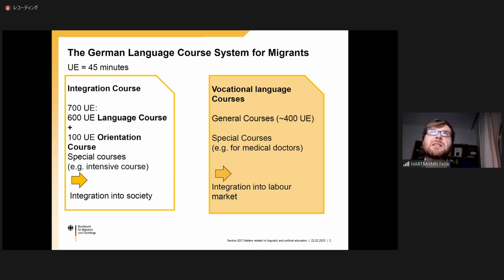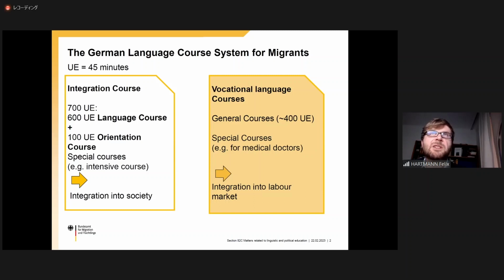It's split into the language course, the first part with 600 units, which is language training and ends with a language test. After that comes the orientation course, which I will speak more about later, with 100 units. This is more about knowledge of the German state and German society.